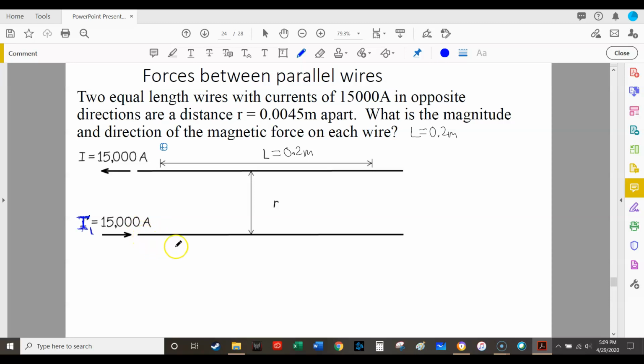Well, wire number 1's current is pointed to the right, so it's going to have loops in and out of the page. It's going to be creating a magnetic field everywhere outside itself.